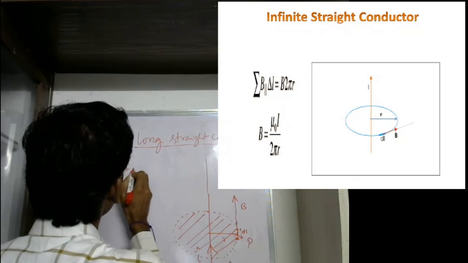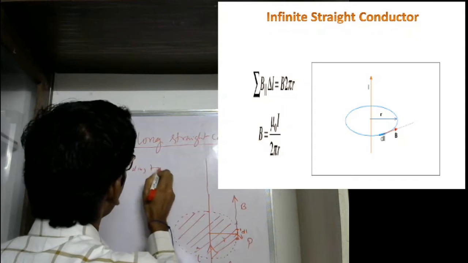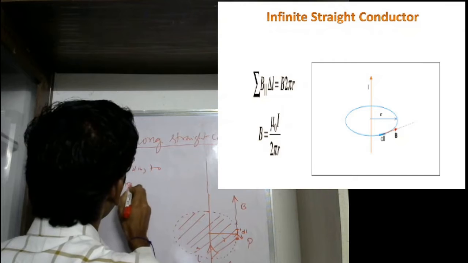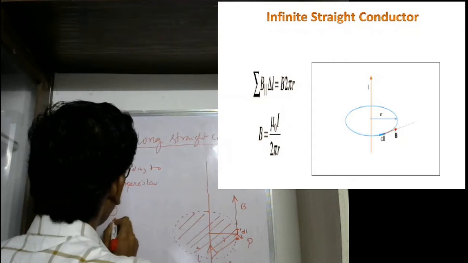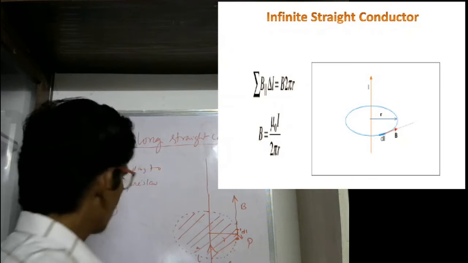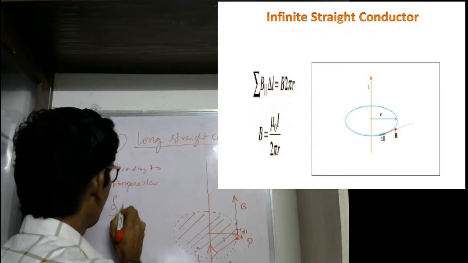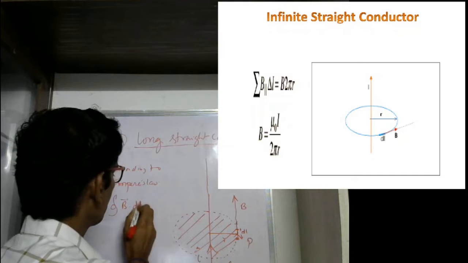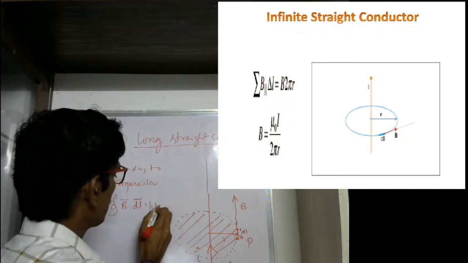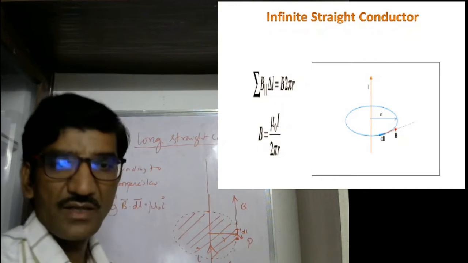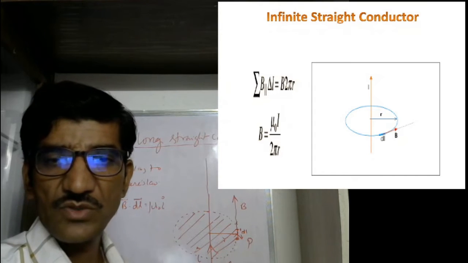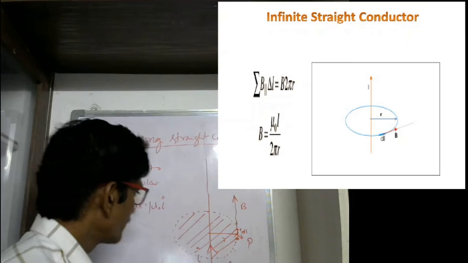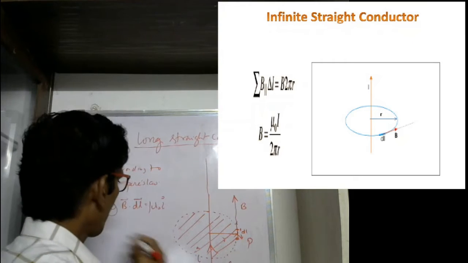According to Ampere's law, the integral, a linear integral, of B dot dl is equal to μ₀I.